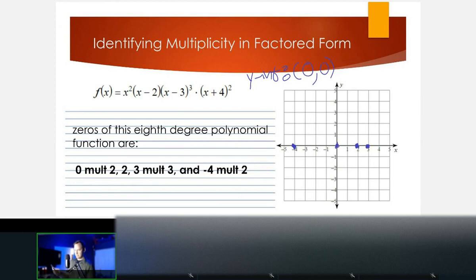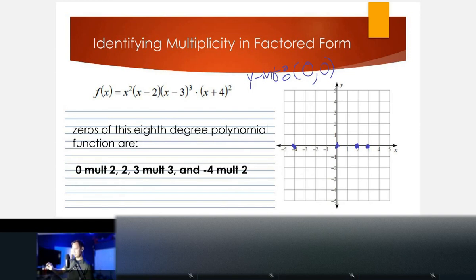All right, so it bounces at 0, so I'm going to go left or right here. It bounces at -4. It bounces at 0. It passes through at 2. And then it does pass through at 3, but in a kind of curvy fashion.